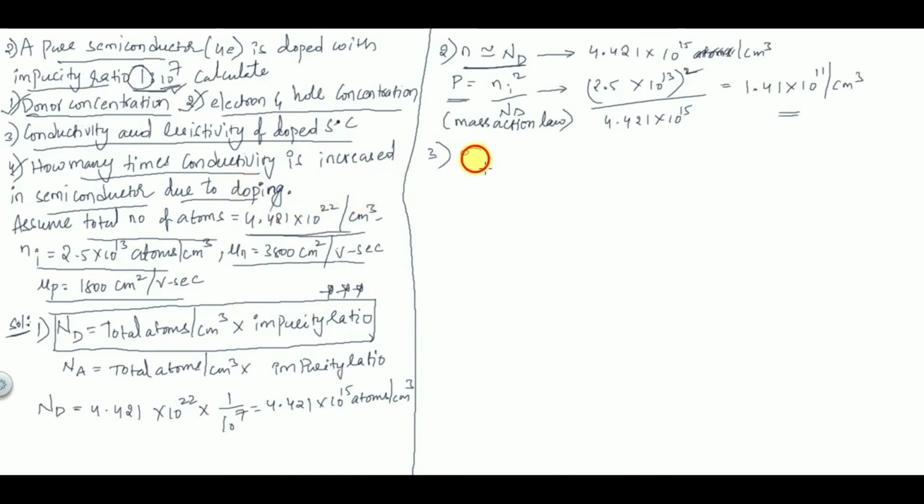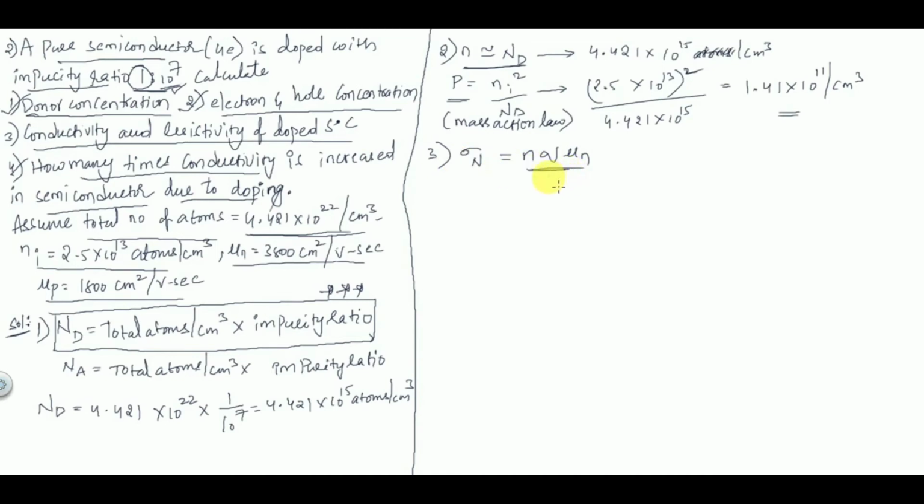So when a semiconductor is doped with donor impurity, its conductivity after doping is equal to NQ mu N, because the conductivity is mainly due to majority carriers. Conductivity in an extrinsic semiconductor is mainly due to majority carriers only.